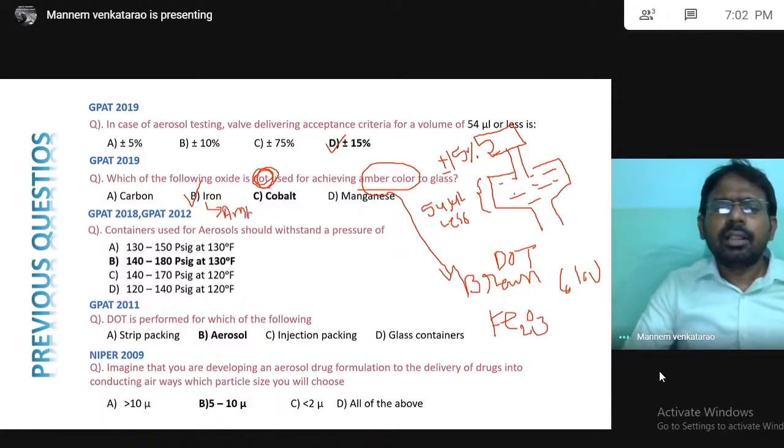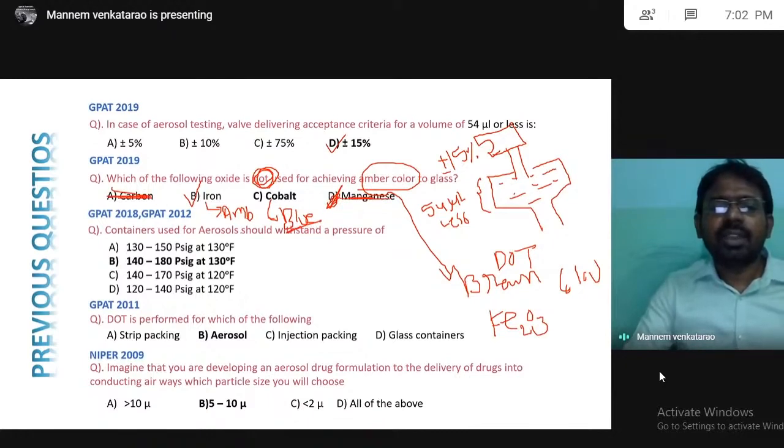Then you can remove this one. Next, you know cobalt also. Cobalt produces blue color. I already told you cobalt oxide produces blue color. Next, I don't know the magnesium oxide. I don't know the carbon, but you have to eliminate the options. We exactly know cobalt always produces blue color. They are asking which is not used for achieving amber color.